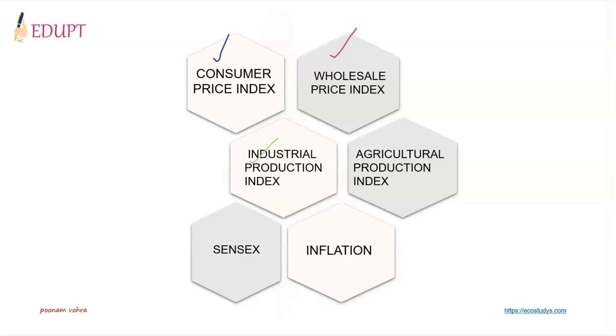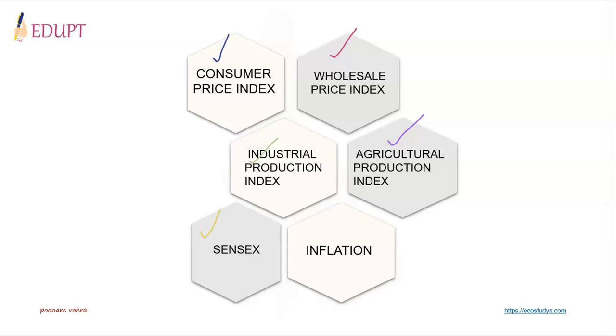This is designed to measure increase or decrease in the output of some industries. Hence, it is a quantity index which measures changes in the quantity of production. Next is agricultural production index. It is a weighted average of quantity relatives. It measures the changes in the agricultural production.